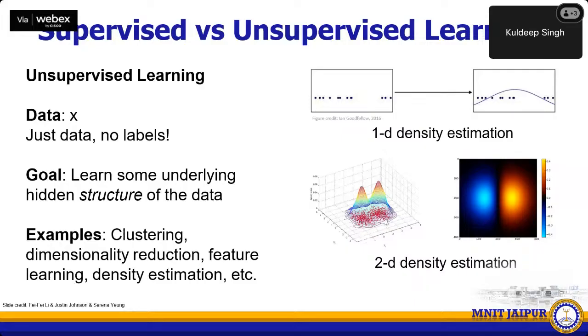And in the second example, where we have two-dimensional data, here also we are trying to estimate the density of this input data. We want to model the density. We want to fit a model in such a way that the density will be higher where we have more data points. And here you can see the graphical example. Wherever we have more points, the density will be more.